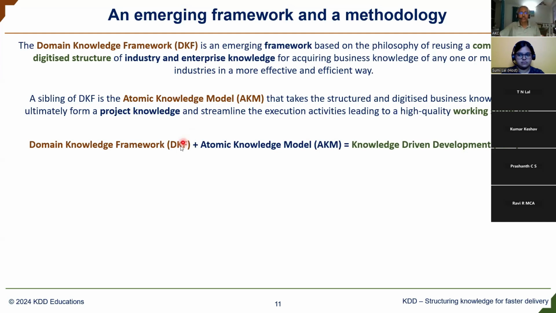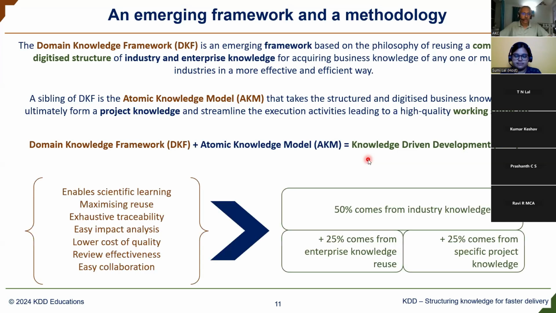Now these two together, DKF plus AKM, is knowledge driven development, or KDD, what we normally call it. So KDD is kind of a parent, and DKF and the atomic knowledge model AKM are the two offspring of knowledge driven development. It provides a lot of benefit, scientific learning. It makes it easier to pick up knowledge.